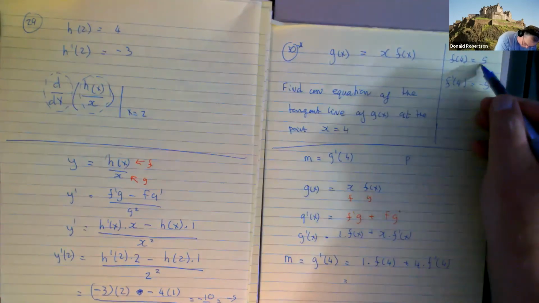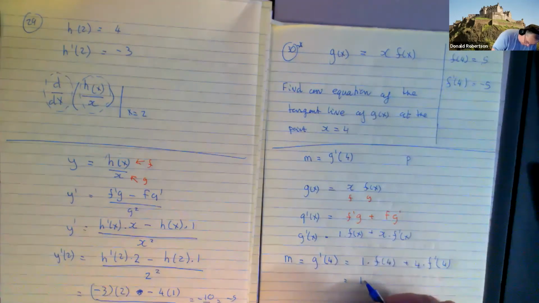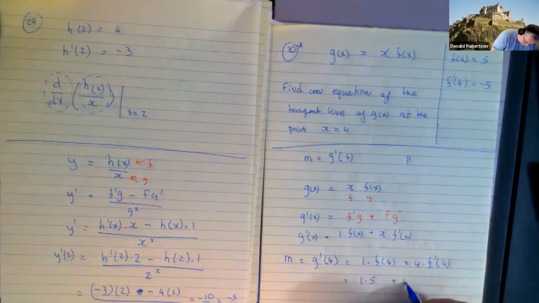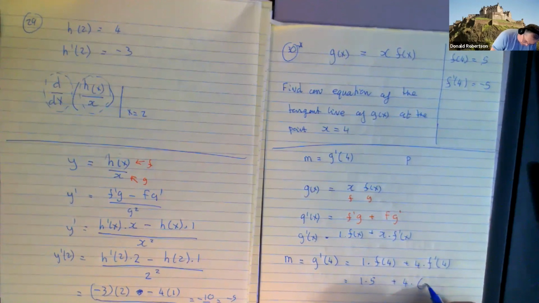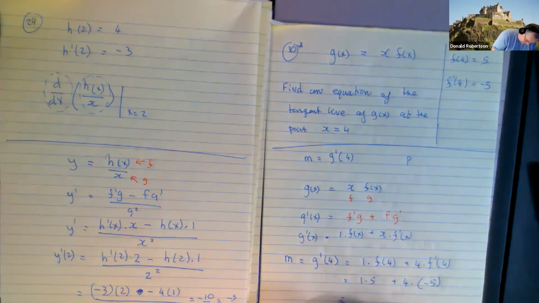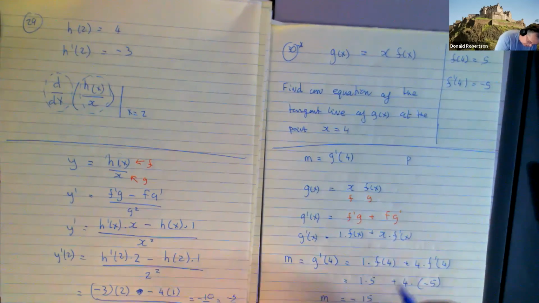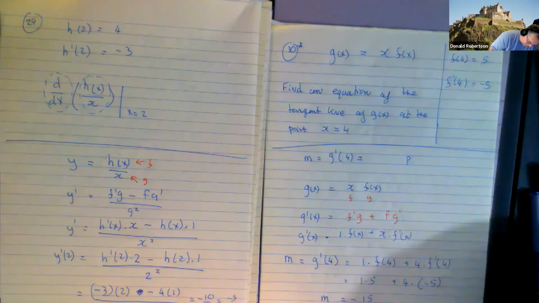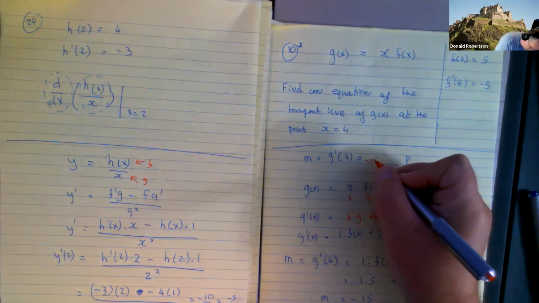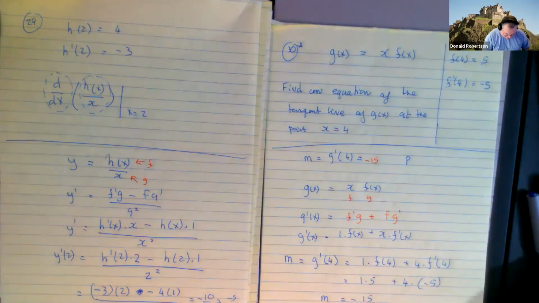And that's going to be, what, 5. So 1 times 5 plus 4 times -5. And I believe I get the answer -15. So far, so good.